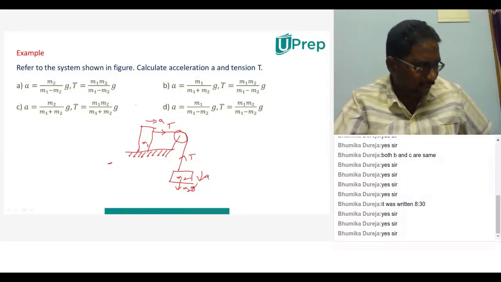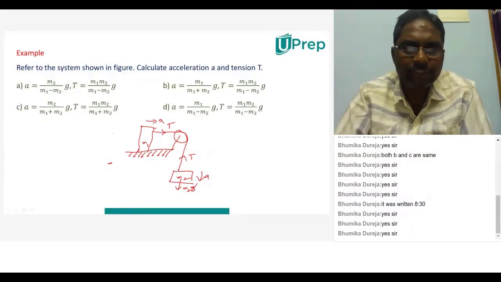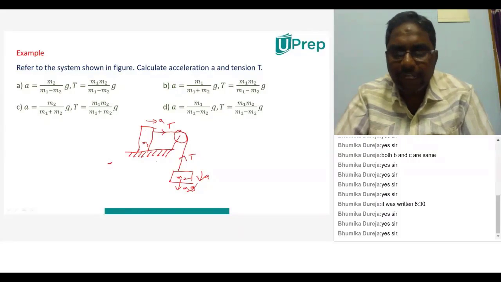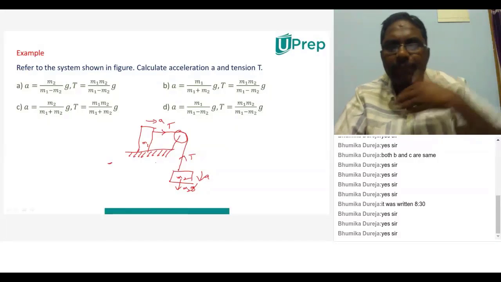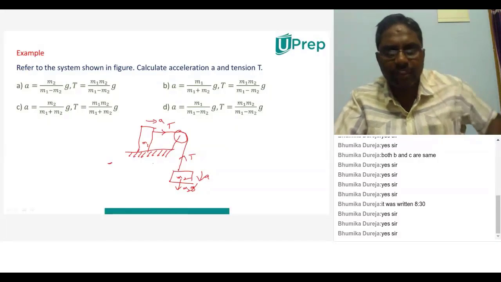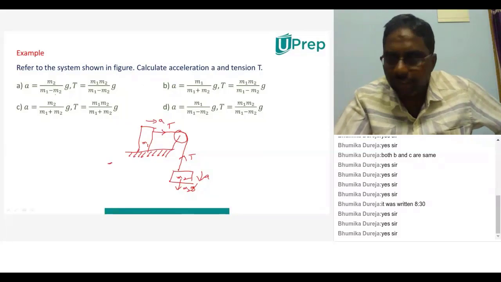So let me give a hint, and based on that hint solve it and find out the answer within 5 minutes. We'll wind up the session. Now here M2 mass is there, and on M2 mass how many forces are acting? Two forces are acting, M2G down, T in the upward direction, and due to that it is moving down. So now I am writing the equation here.